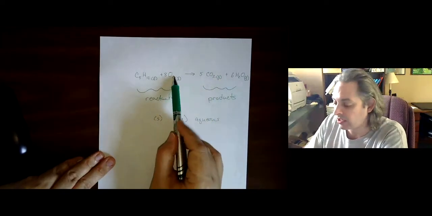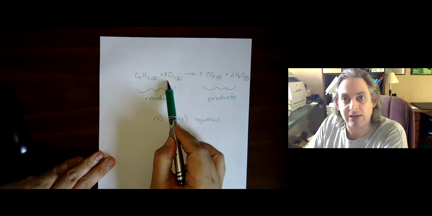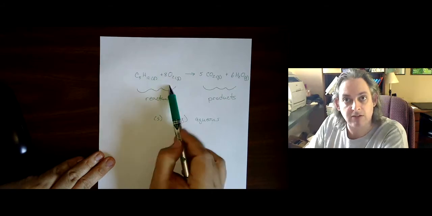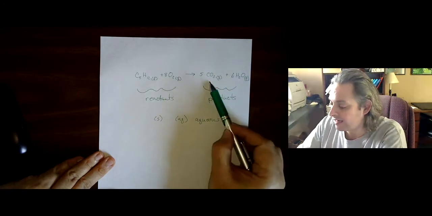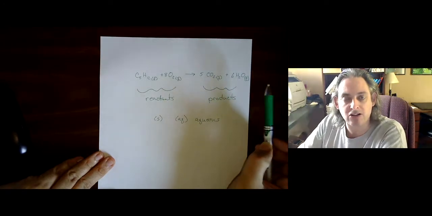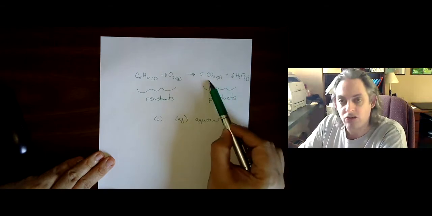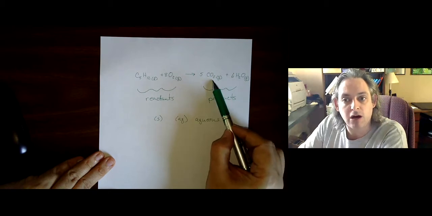What about oxygen? Well, we have 8 oxygen molecules, so that tells us that we have 16 oxygen atoms. 16 oxygen atoms in the reactants means we have to have 16 oxygen atoms in the products. Now we have 2 compounds that have oxygens in them, so we have to combine those two, the CO2 and the water. In every CO2 molecule, we have 2 oxygen atoms.